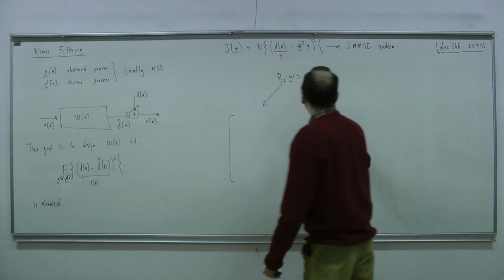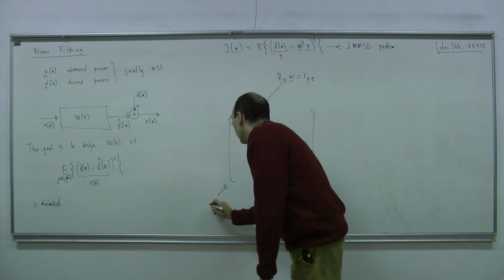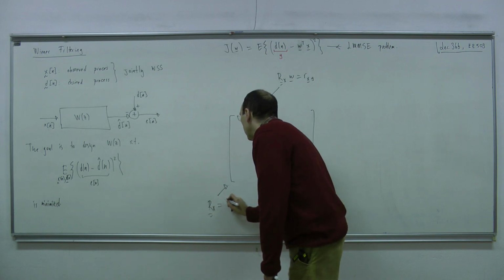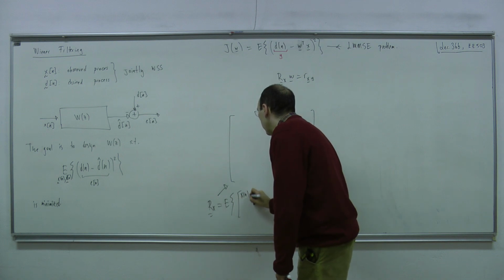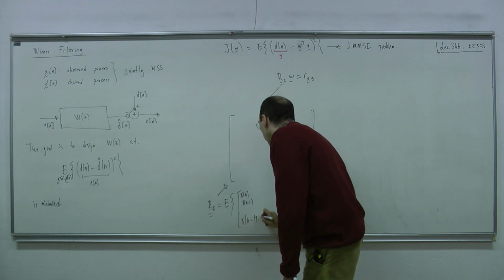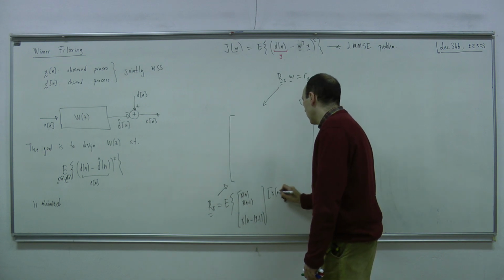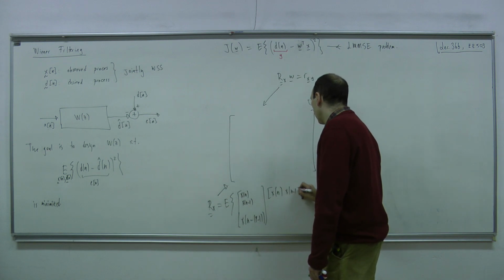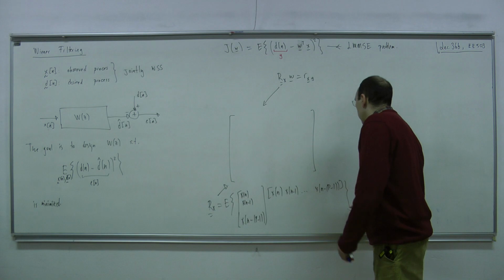So let me write my R_x matrix, which is equal to the expected value of x of n minus 1 through n minus p minus 1, times its transpose.